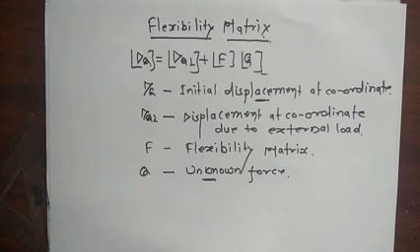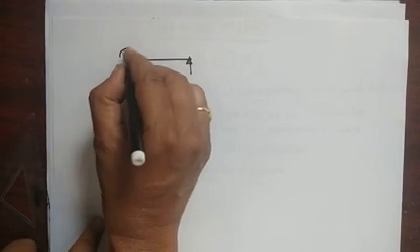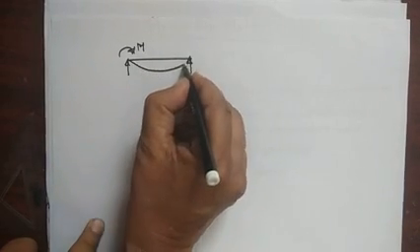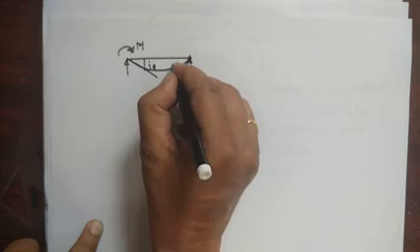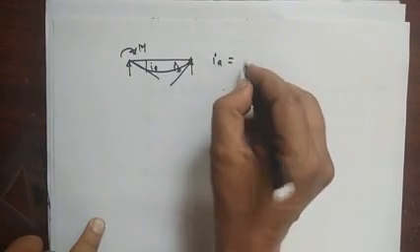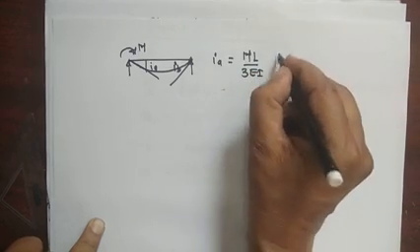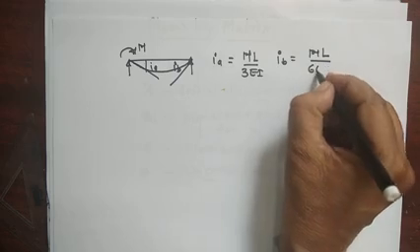Now some primary information we need here. Suppose you consider a simply supported beam, if you apply here any moment M, so this will deflect like this. So this is your theta A and this is our theta B. In this case, this theta A is equal to ML by 3EI and theta B is equal to ML by 6EI.